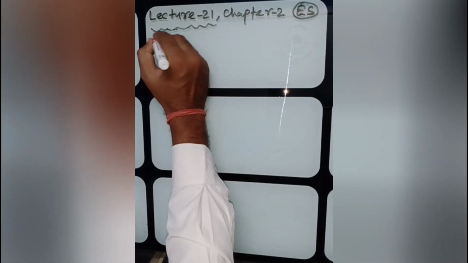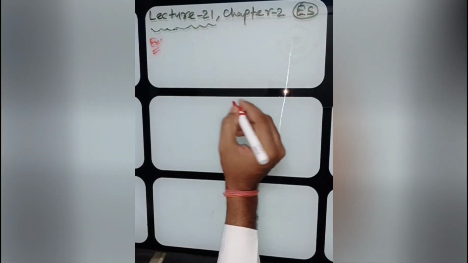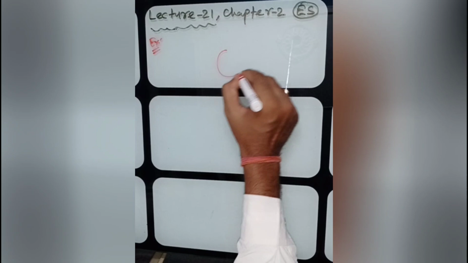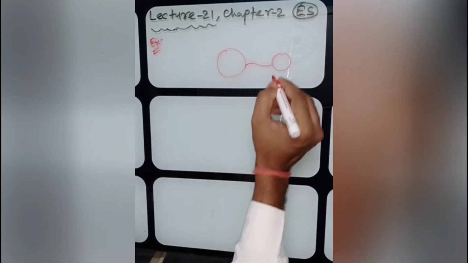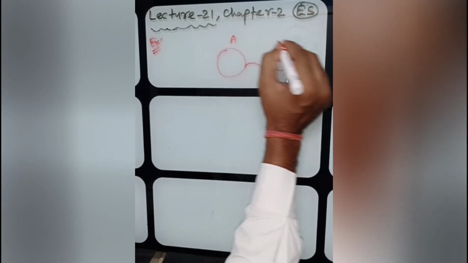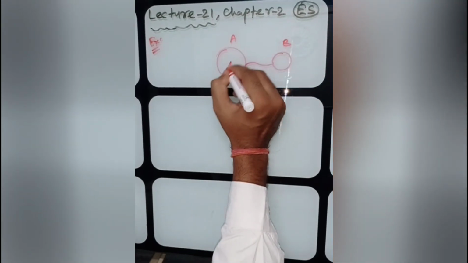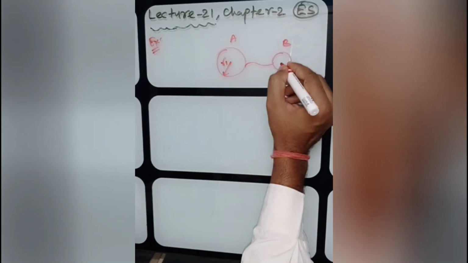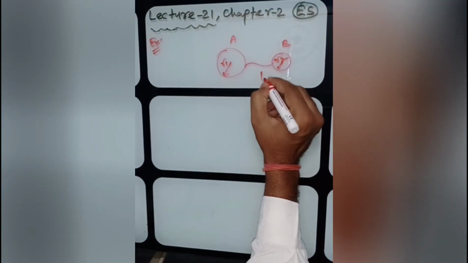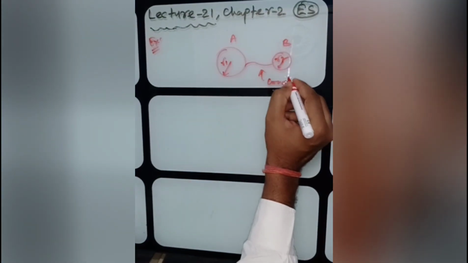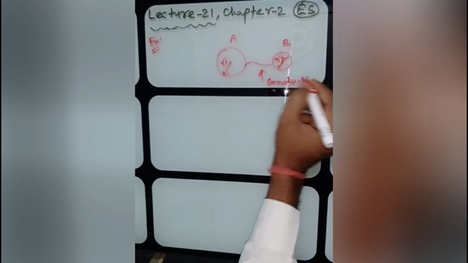Suppose we are taking the example of two shells, one is this one and the other is this one. Shell A, shell B, with radius R1 and radius R2. This is the conductor and this is the conducting shell.